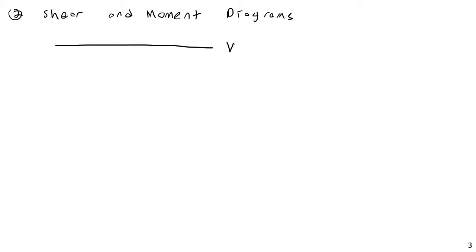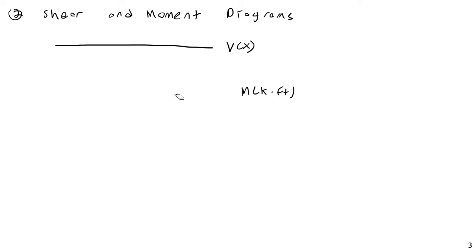So two, V and M diagrams. Get your shear and moment diagrams. So if you have your shear in kips, and we have our moment in kip-feet.